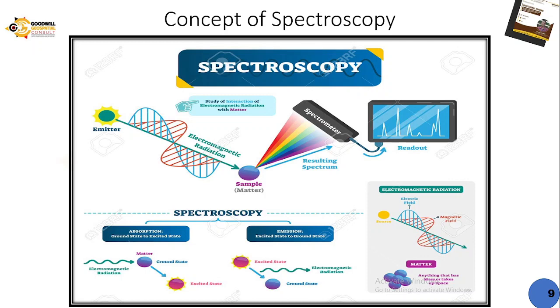What do we need in order for us to move from an excited state to a ground state? One principle is what you call potential energy, or potentiality.